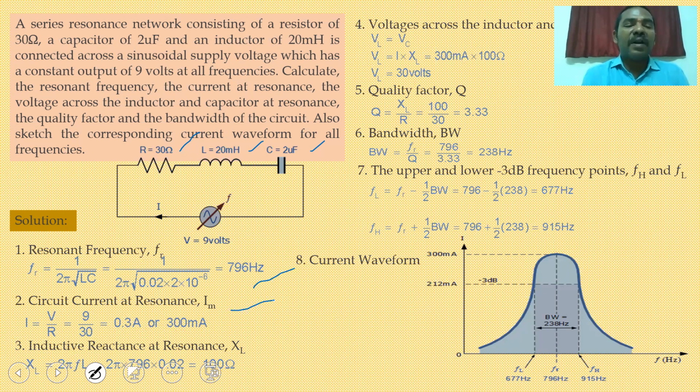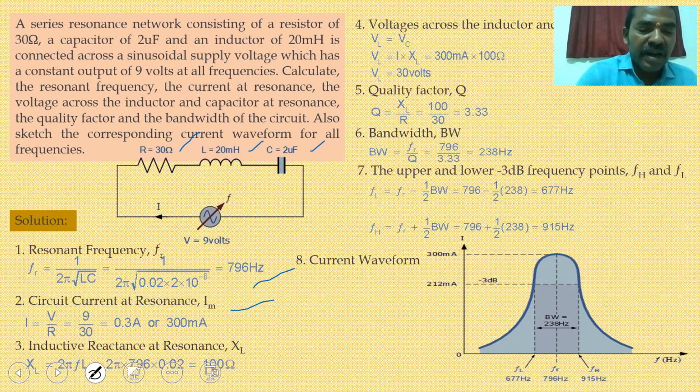Then you have to calculate the voltage drop across the inductor. First you have to calculate the reactance of the inductor. XL is equal to L omega naught, with omega naught equal to 2 pi f naught. So 2 pi into 796 into the L value, 20 into 10 power minus 3.